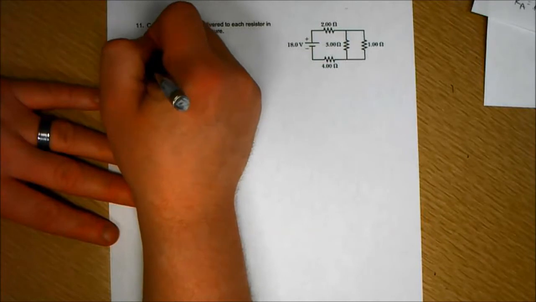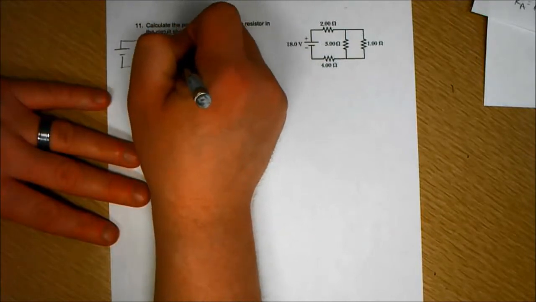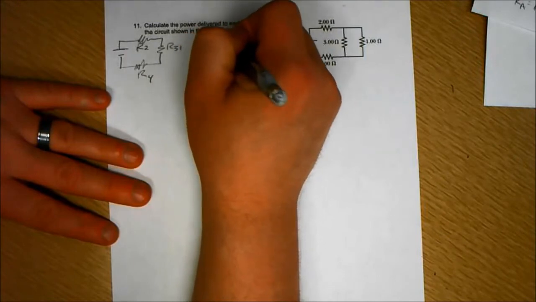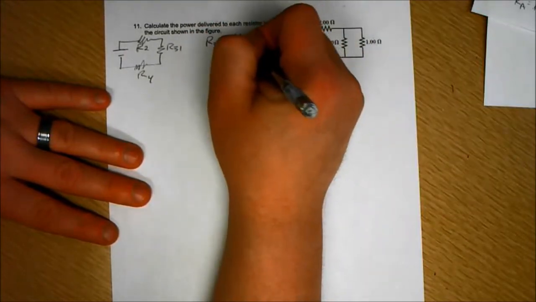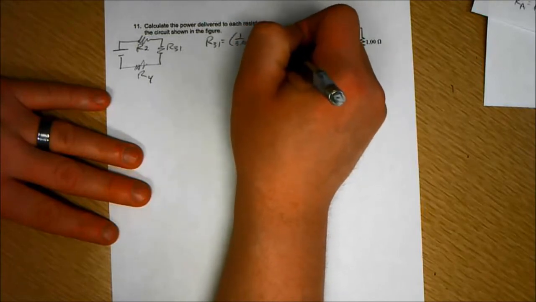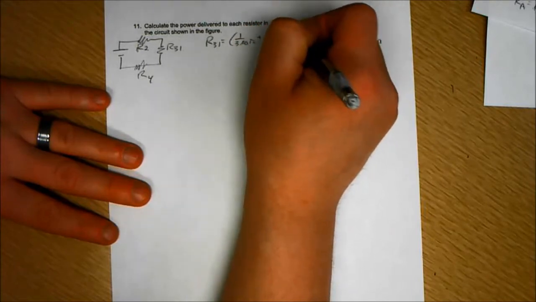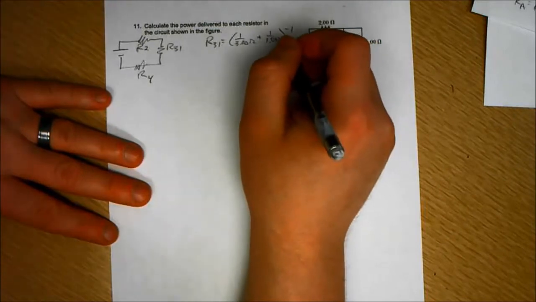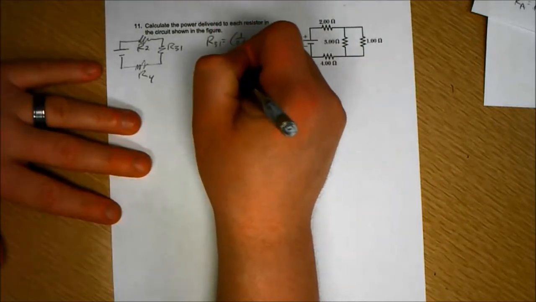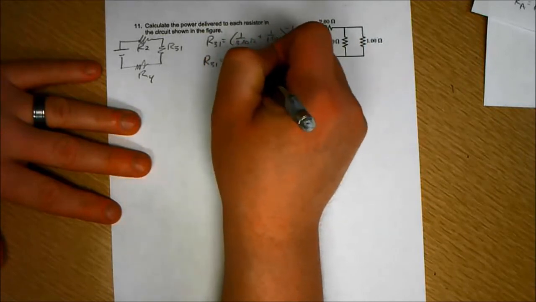I'll call this R2, R31, R4. And we know R31 is equal to 1 over 3 ohms plus 1 over 1 ohm, so that's 1/3 plus 1, which is 4/3. So R31 equals 3/4 ohms.